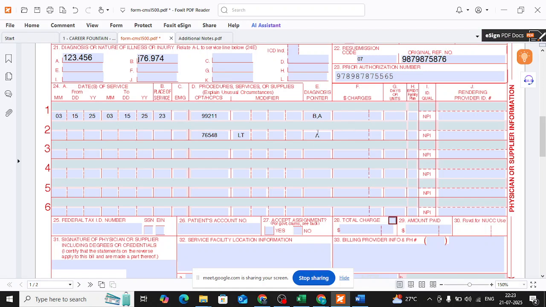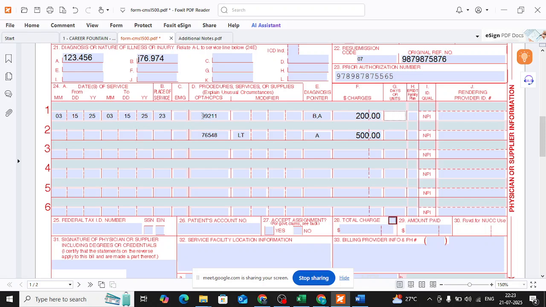Box number 24E is the diagnosis code, and the actual diagnosis codes are available here. Box number 24F is for the charges. How much we have billed for this procedure code, those charges are entered by the charge entry team, right? And box number 24G is for the number of units or days.